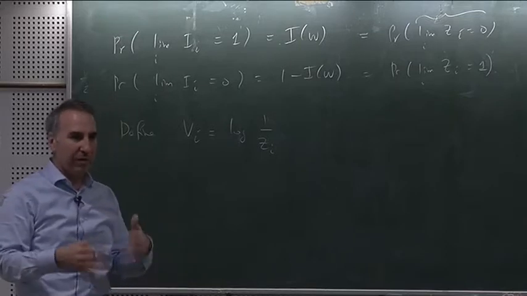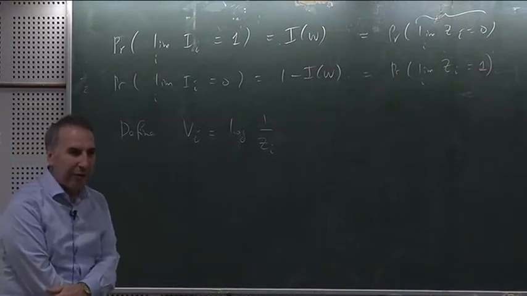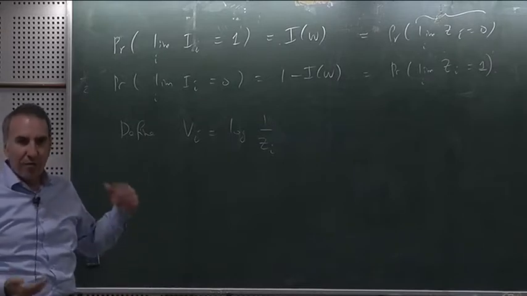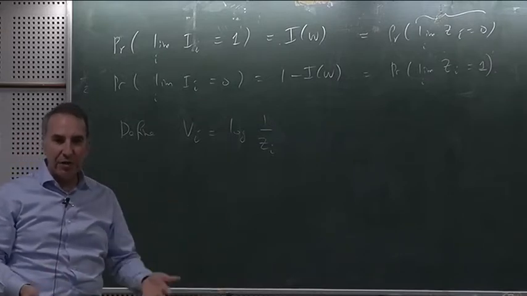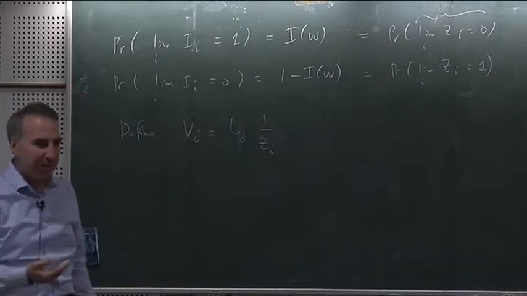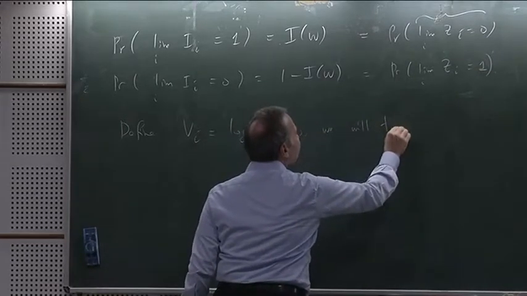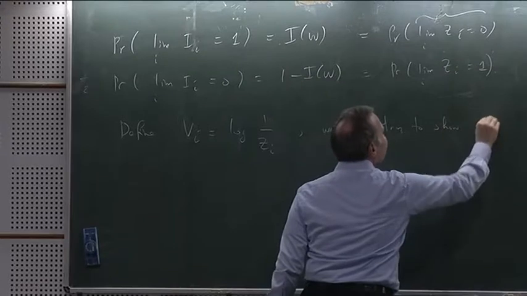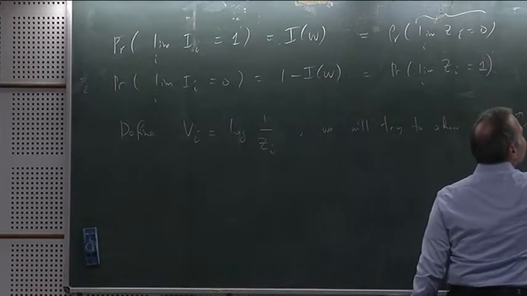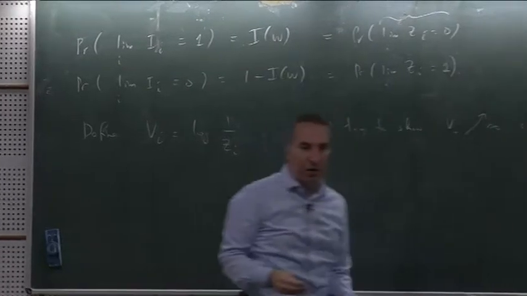So if I was trying to show that the Zi was going to 0 exponentially fast, I would have to show you that the Vi is going to infinity linearly fast in the I. What we will show is that Vi is growing to infinity exponentially fast in I, so that Zi is doubly exponentially fast going to 0. We will try to prove Vi goes to infinity exponentially fast in I.